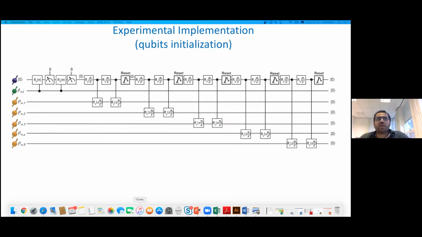So we first initialize the electron spin into a certain state, and then do a swap operation with these nuclear spins to initialize them one by one. This takes roughly 12 two-qubit gates to initialize all of these 6 qubits. So this is the first step: initialize the qubits.